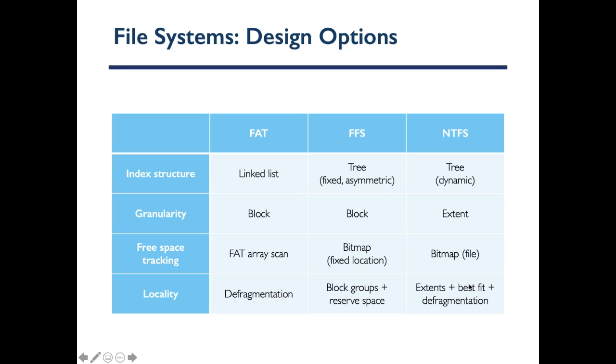The way that you allocate is basically best fit, whereas in FFS you were doing first fit. And then you could still get fragmented, so you can run defragmentation.